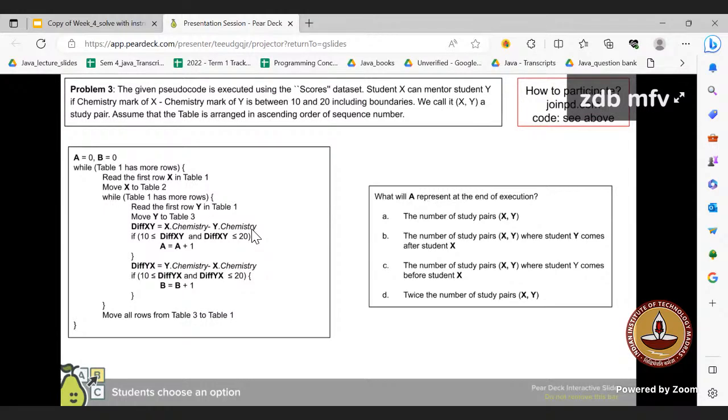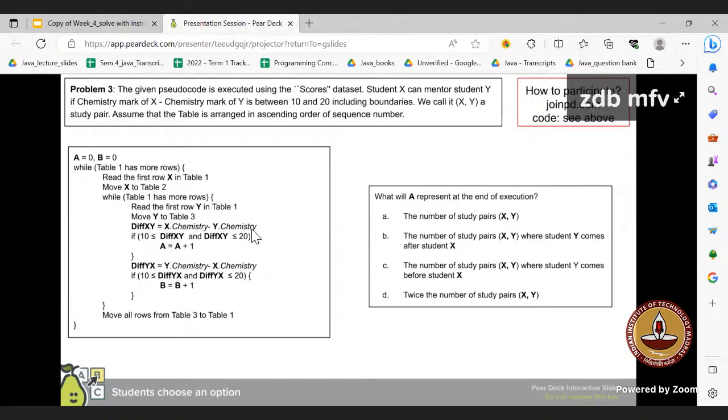If you have seen X card first and then Y card, then the difference will be between 10 and 20. But if you have seen Y card first and then X card, then their difference will be between minus 10 and minus 20. But that will be counted in B.